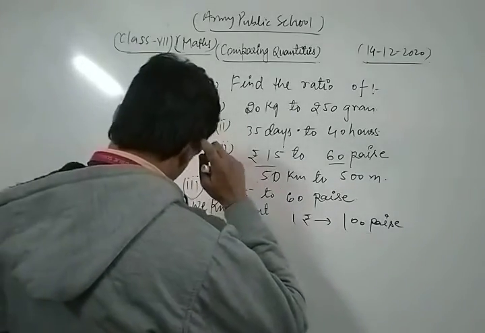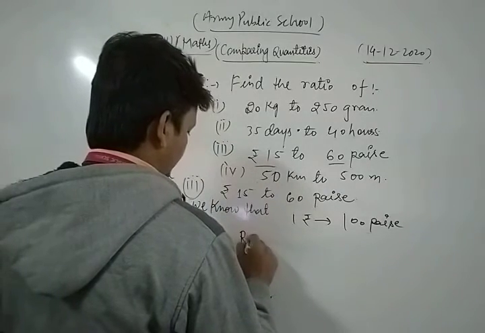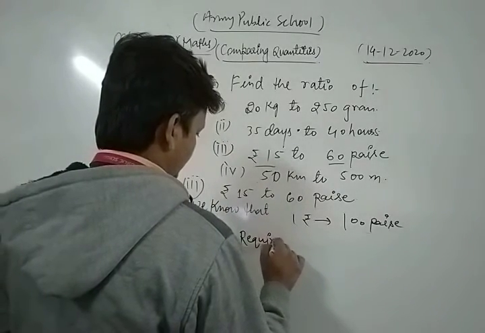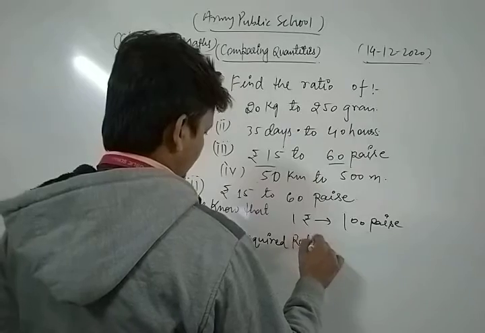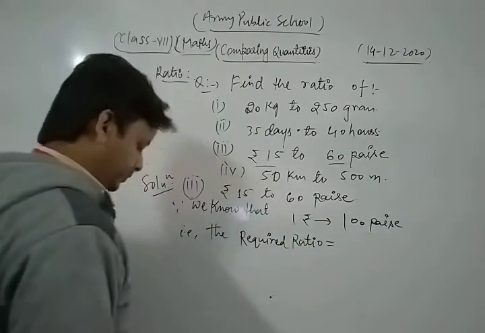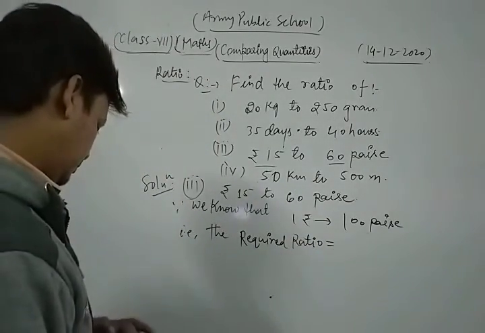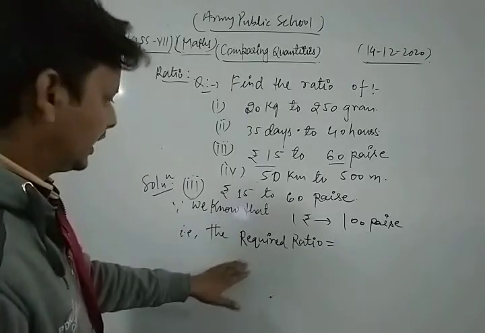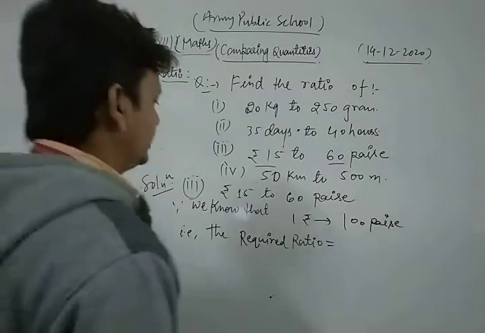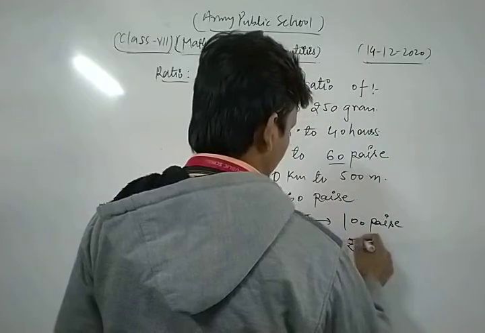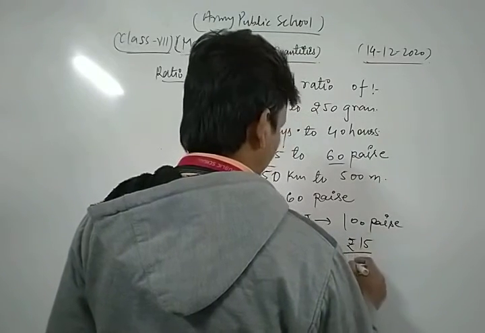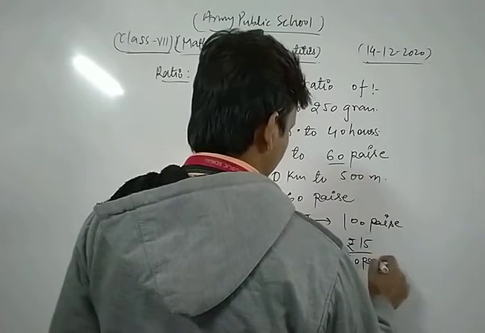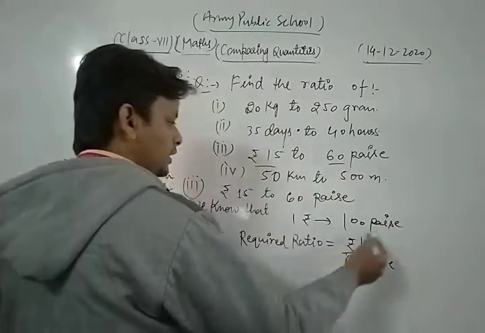The required ratio is rupees 15 upon 60 paise. So first of all we convert rupees into paise.